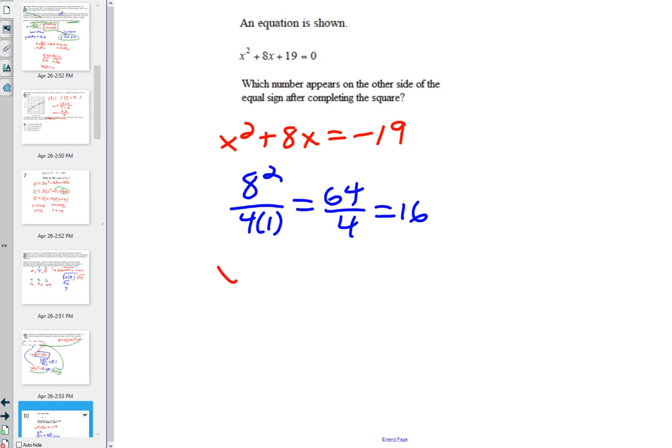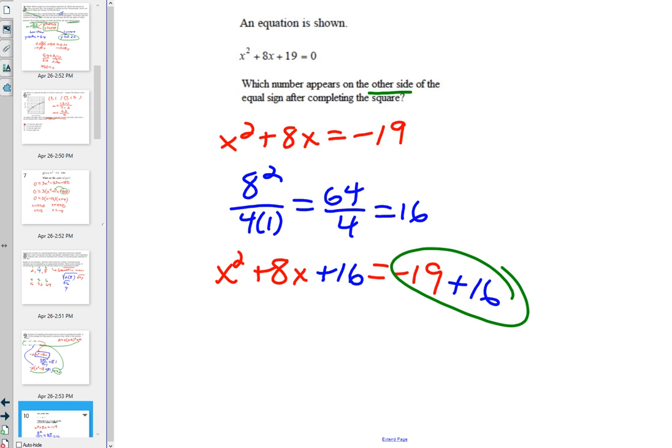So I would have to get that 16 and add it to both sides. On the left side, that just completes the square to get my parentheses. But on the other side, what's negative 19 plus 16? Negative 3. That would be the answer. Once you complete the square, you would get negative 3 on the other side.